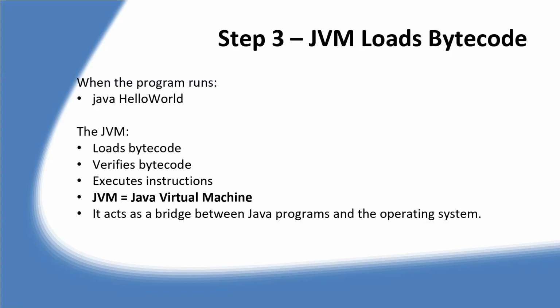Every operating system has its own JVM implementation. That's why the same bytecode can run on different platforms without modification. So the JVM loads, verifies bytecode, and executes instruction, and it acts as a bridge between Java program and the operating system.